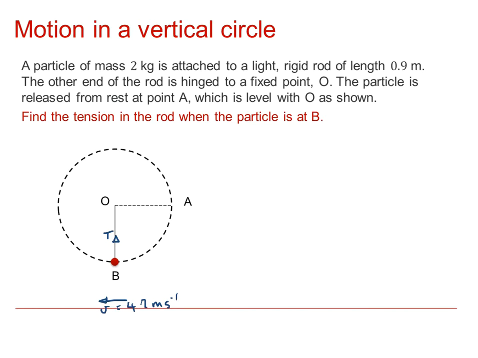So we've got forces T and mg acting downwards, producing our acceleration towards the centre here. So the centripetal force is equal to mv squared over r.